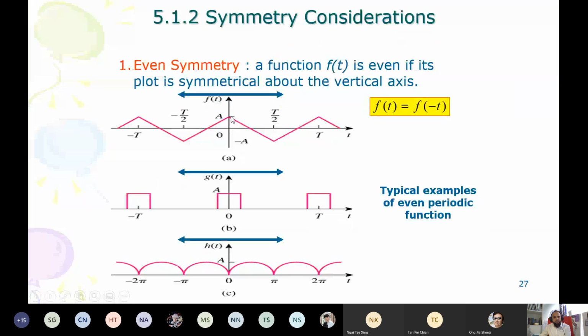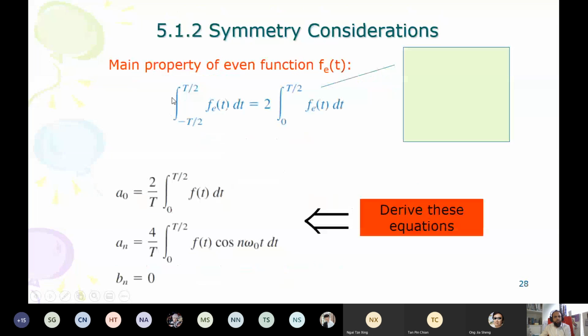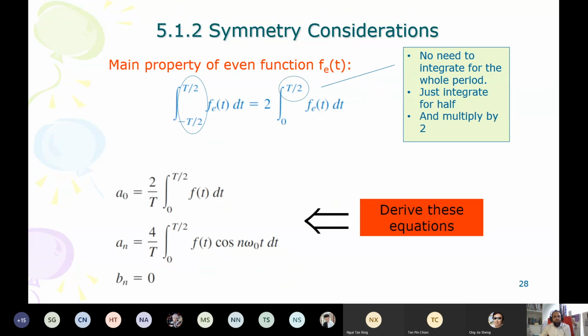If we just do it from 0 to T by 2, we are actually covering this part as well. So the half period is enough, and we just multiply by 2. Instead of integrating twice, we just integrate for the half.